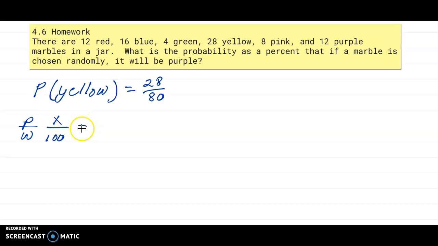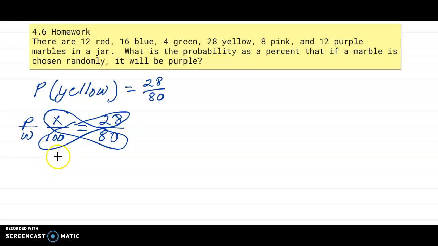I don't know what the percent is, but I know that the total amount of marbles is 80 and the part of the amount of marbles is 28. So I'll cross multiply. And I get 100 times 28 is 2800 equals 80x.